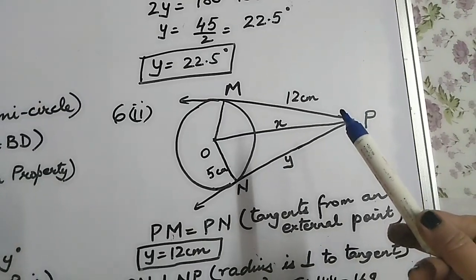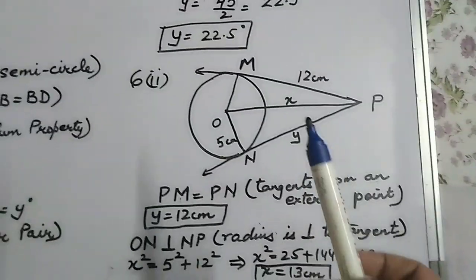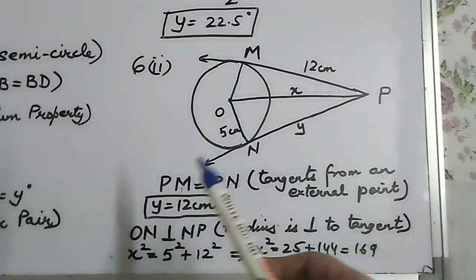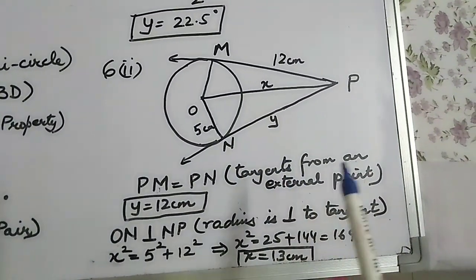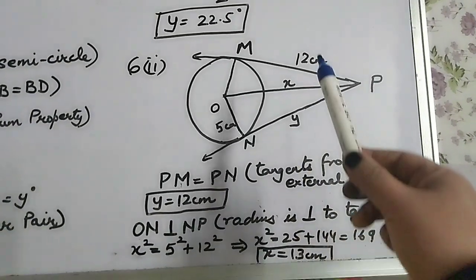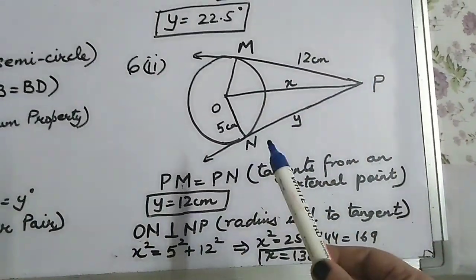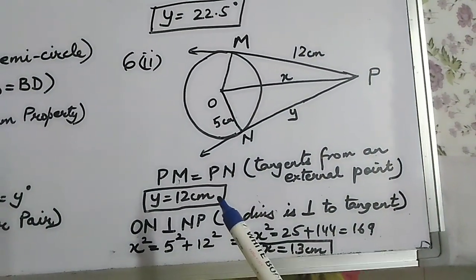That the tangents from an external point are equal. This I have explained in my previous videos. So PM becomes equal to PN because tangents from an external point are equal. So y becomes equal to 12, because PM is 12, so PN is also 12 centimeter.